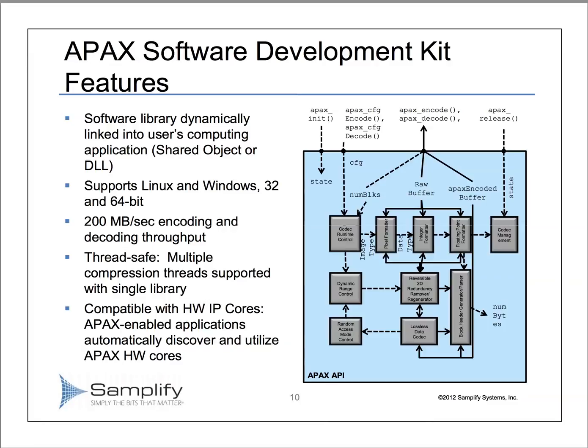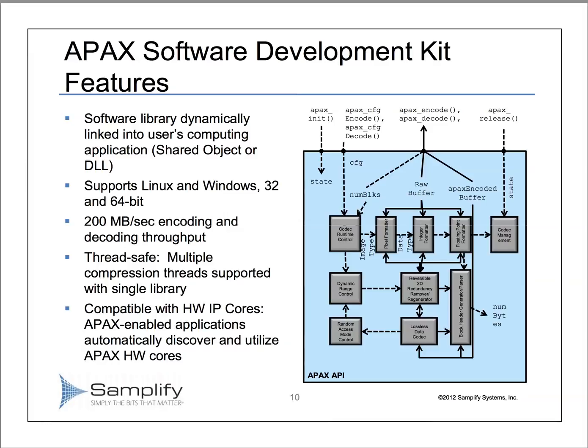It is extremely high throughput. So the key question is, can it keep up with the I/O and the storage throughput? And we do provide 200 megabytes per second of encoding and decoding throughput running in software on a single core on an Intel CPU. It's thread safe, so you can have multiple streams going simultaneously. The library can be called from multiple different processes running on the server.